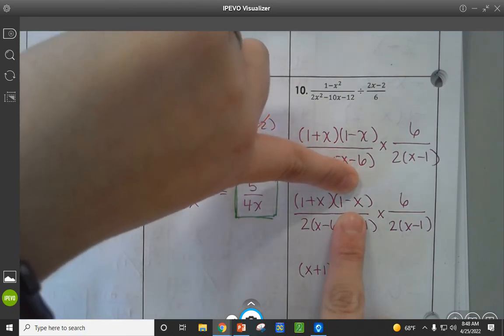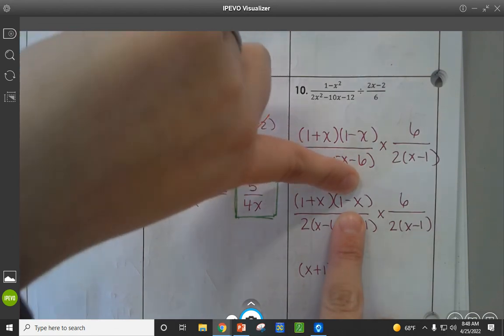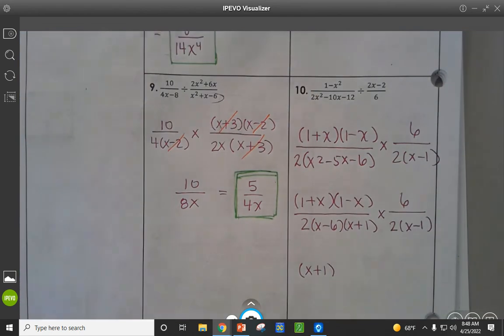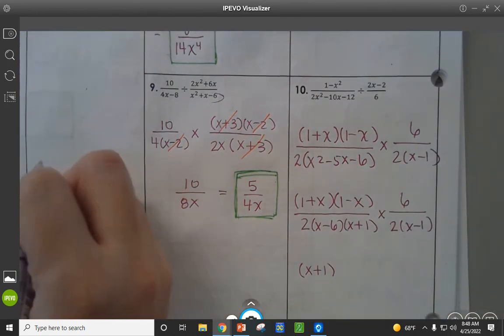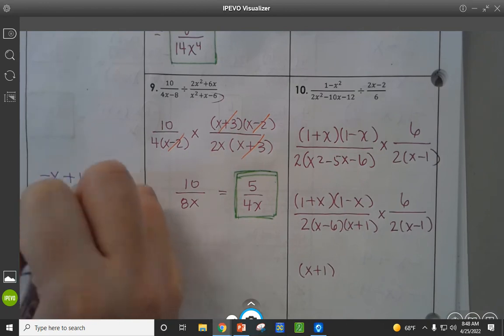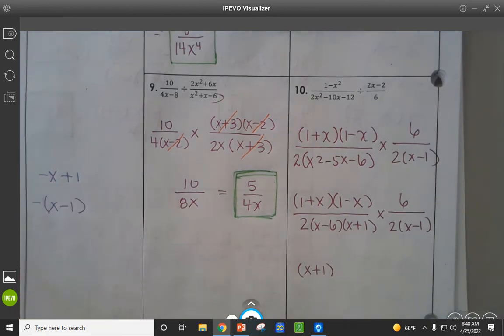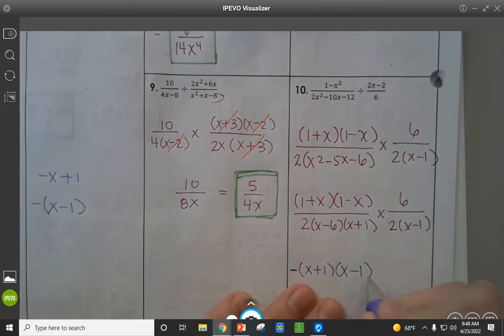Take a negative. It would be negative x plus 1, like we did on the back, and then you factor out the negative. So just like we did before, negative x plus 1, negative x minus 1. So if I put a negative out front, I can make that an x minus 1.